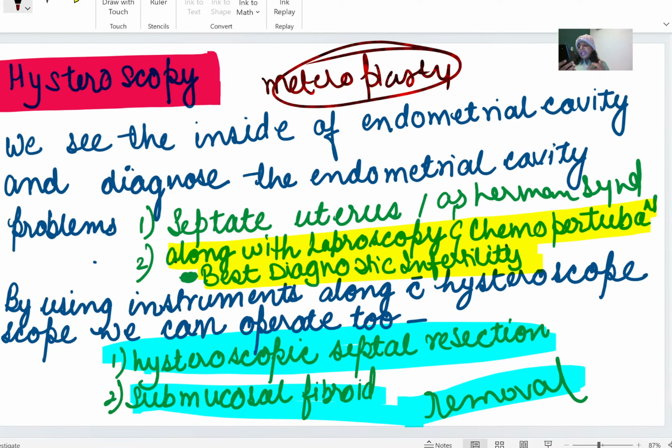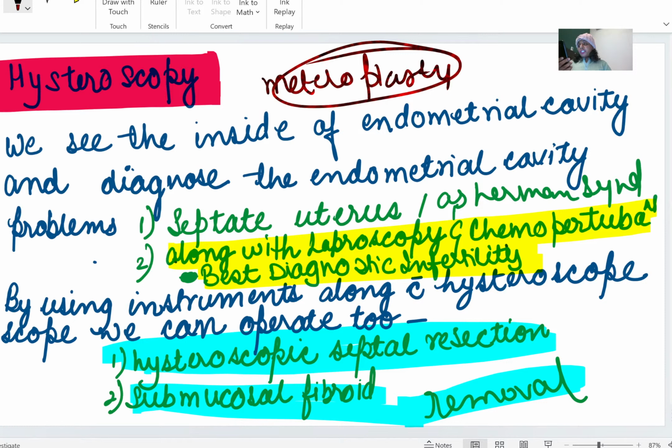Please write down in the chat box. It is diagnostic for septate uterus and Asherman syndrome, and along with laparoscopy and chemoperturbation, it is the best diagnostic modality for infertility. We can also operate with the help of the hysteroscope.